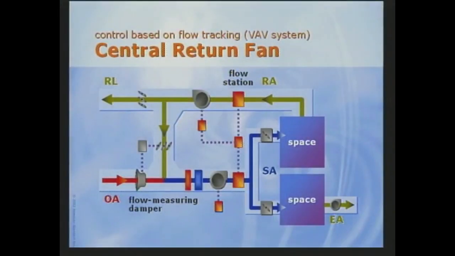Back to you, Dennis. Now let's talk specifically about VAV systems. Controlling the return fan is not quite the same as in the constant volume system. You can't balance your way to success because the supply airflow and the required return airflow change continually. The second control method uses airflow tracking to indirectly maintain building pressure.